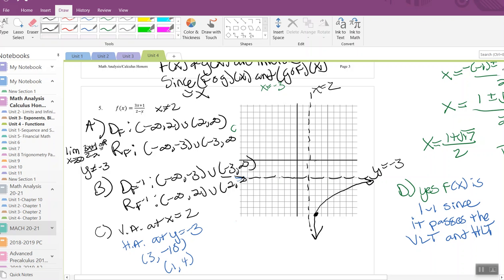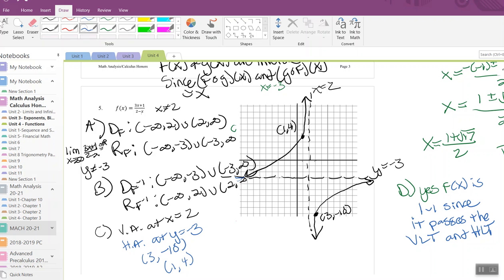If I put 1 in, 1 is the next number over from 2. 3 times 1 is 3 plus 1 is 4 over 1. So it's 1, 4, and 3, -10. So same thing, it's going to go towards the vertical asymptote here, horizontal asymptote there. So that's the graph of the function.